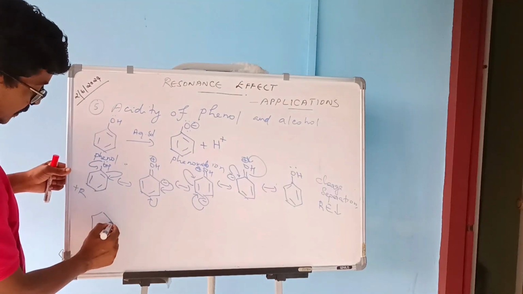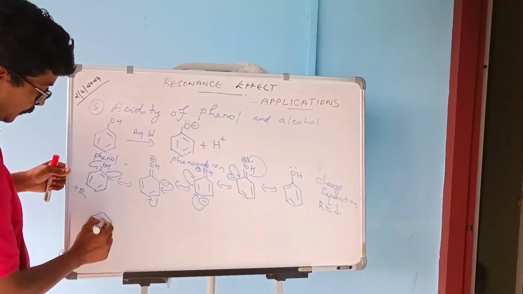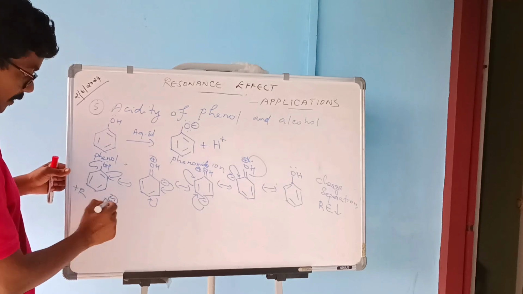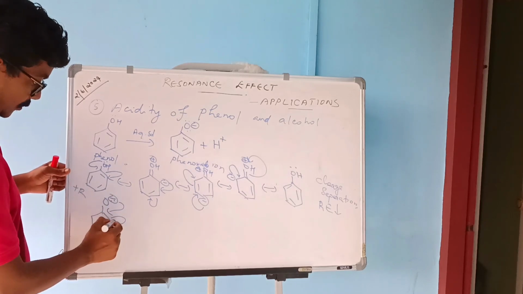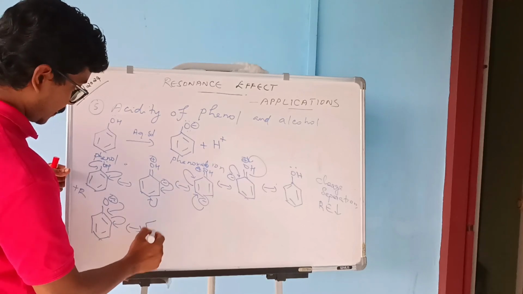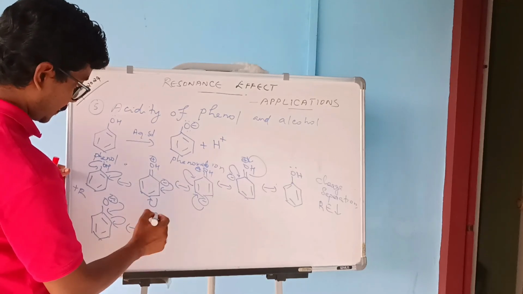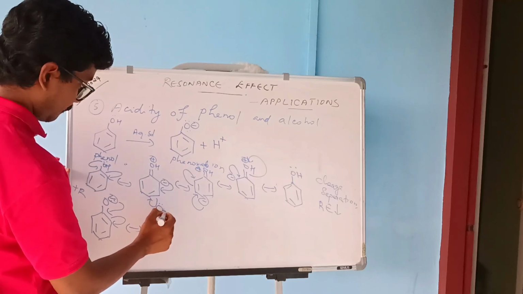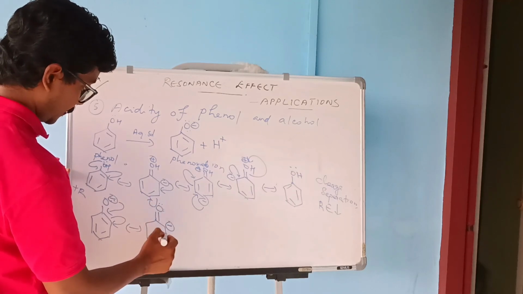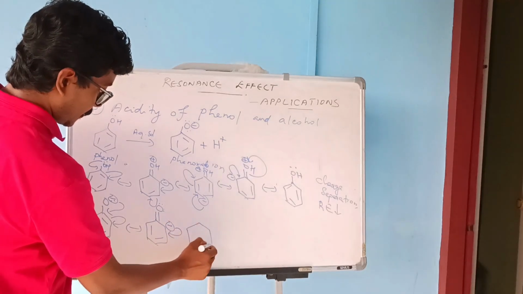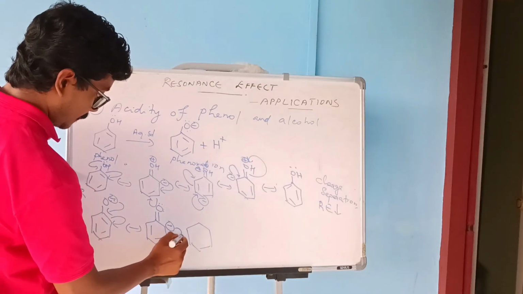When we consider the phenoxide ion, this will come here, this will go to here. This will come to here, this will go to here.